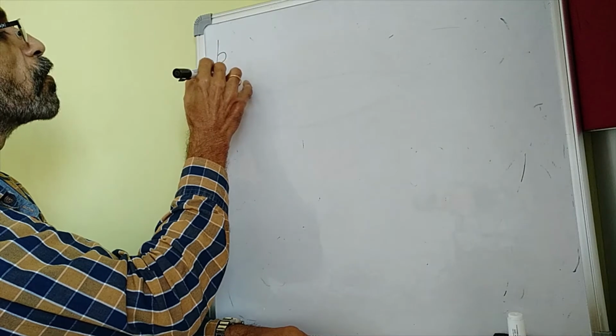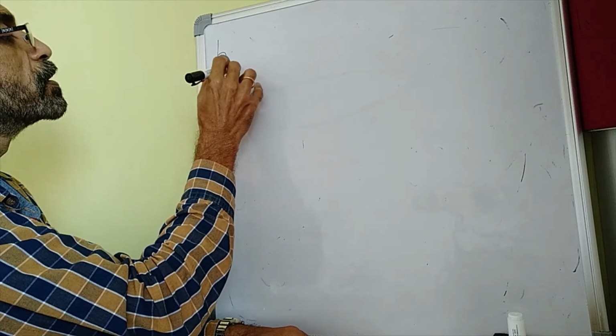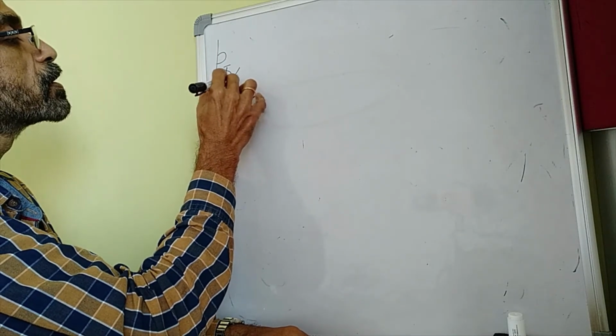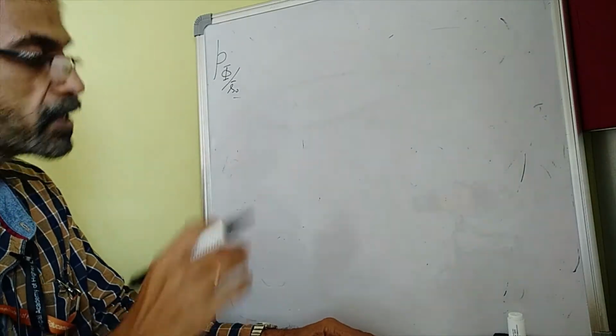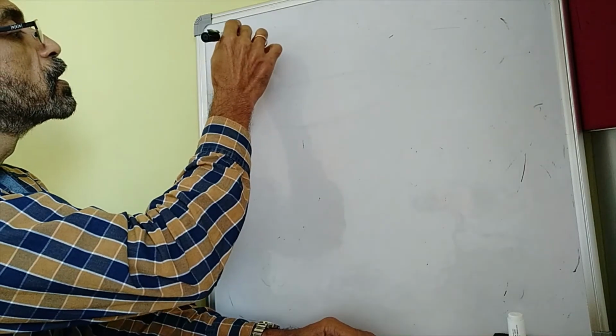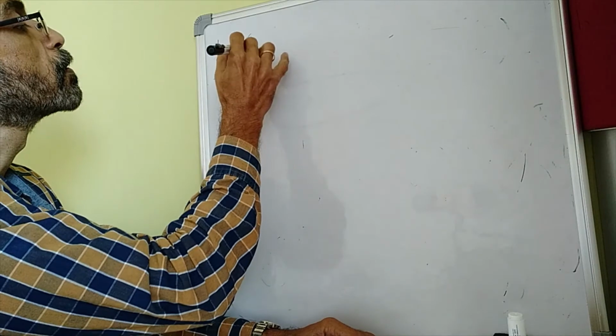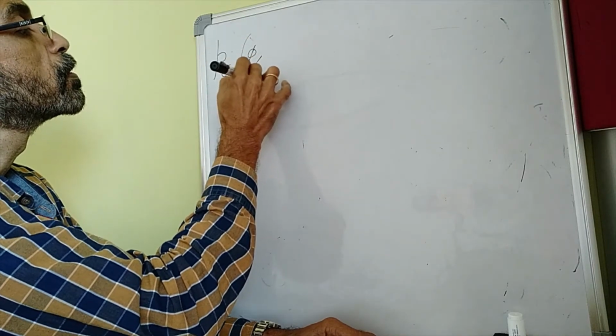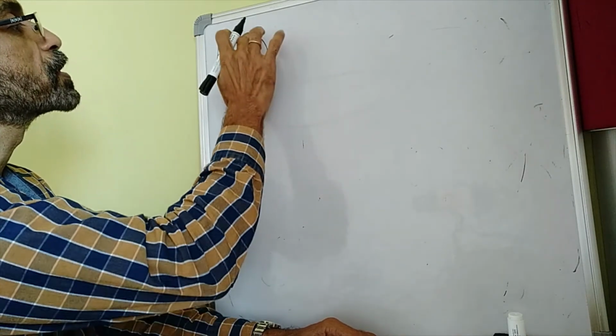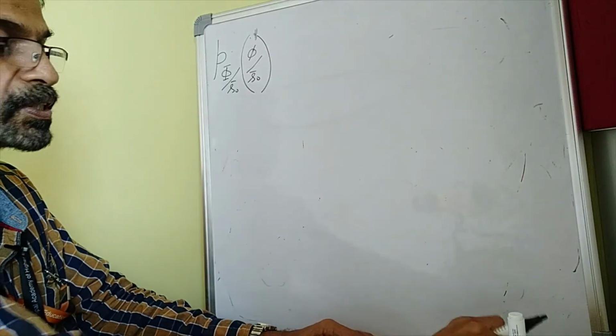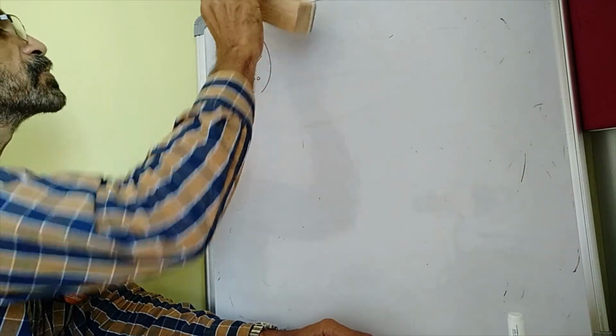The density function of phi given S naught is the transmitted signal will be, so I am not deriving it here, you can find the derivation in the annexure of the study material.